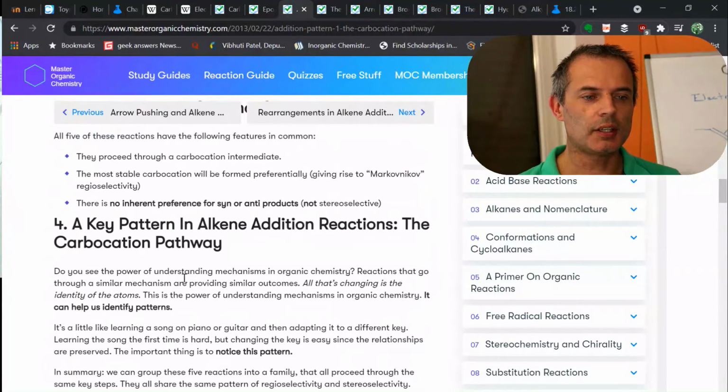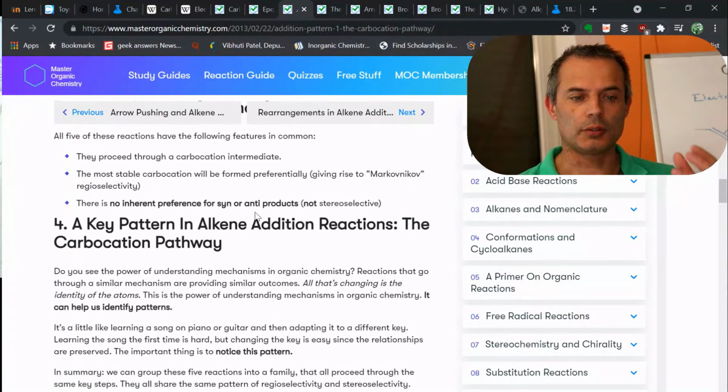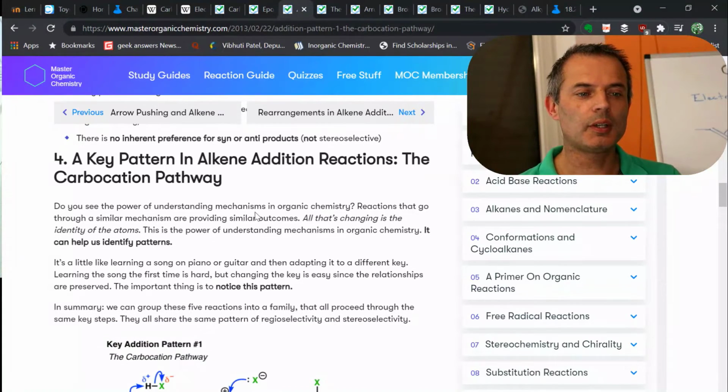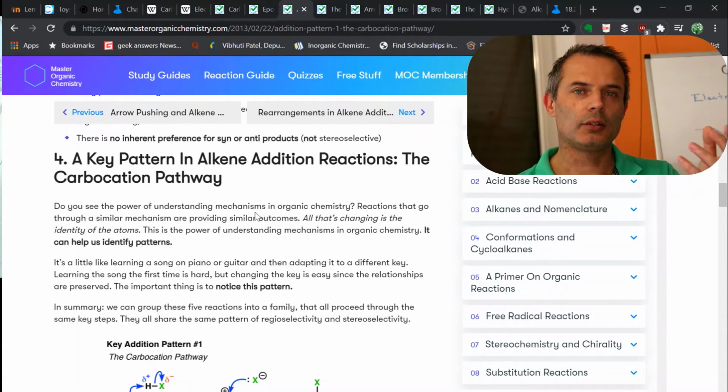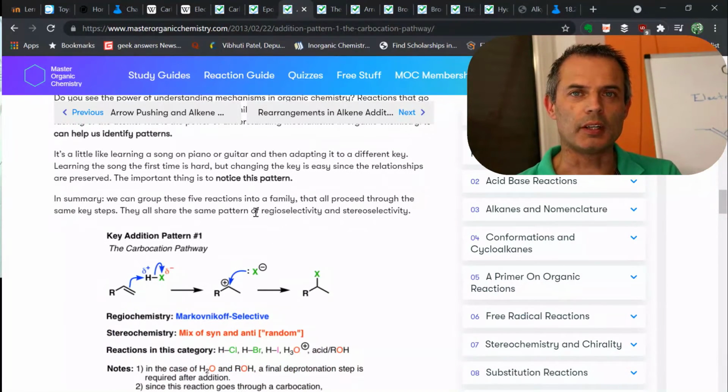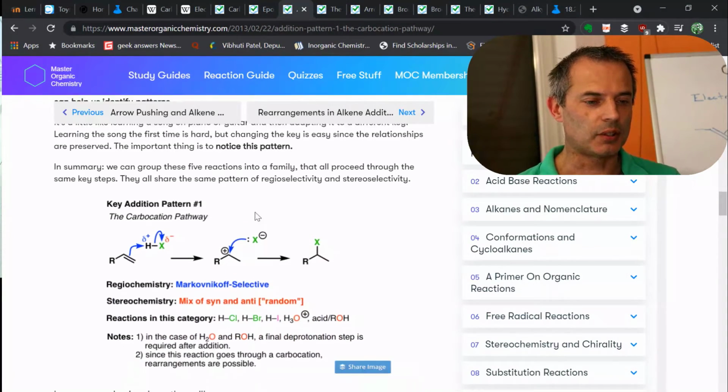So as it says here, there's no preference for syn or anti products. We know we can get those, we know that those happen, but this hasn't yet explained why they happen. But it does explain why our hydrogen tends to end up on the end, and it also explains why we might get rearrangement and where the other bond goes to. Why we might end up with a lot of products if we're not careful.